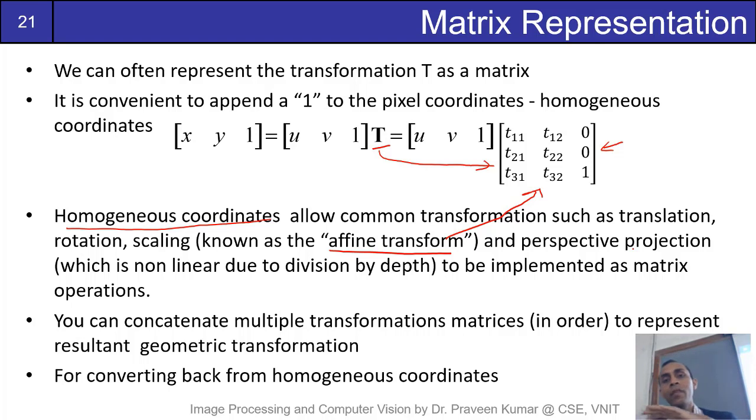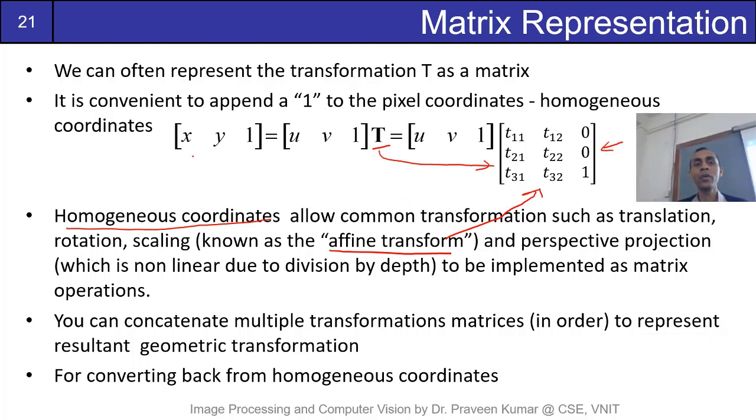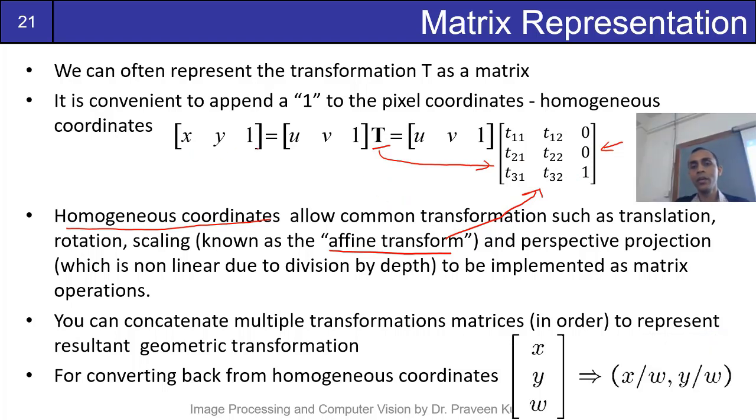And then once you get the transformation matrix and you apply it to your original image, you will get resultant values, and from that you have to get back your x and y. Sometimes what may happen is that your resultant matrix may not have 1 at the end. It may have some value which is not equal to 1.